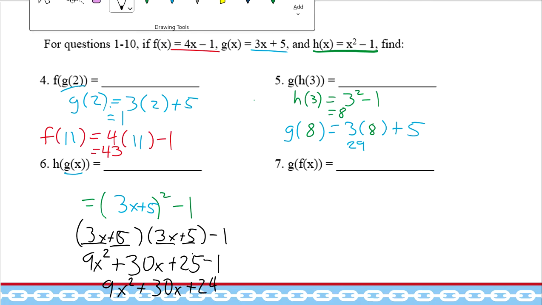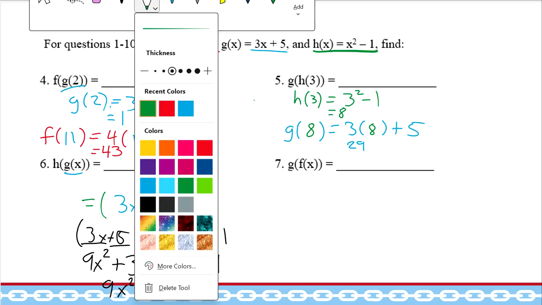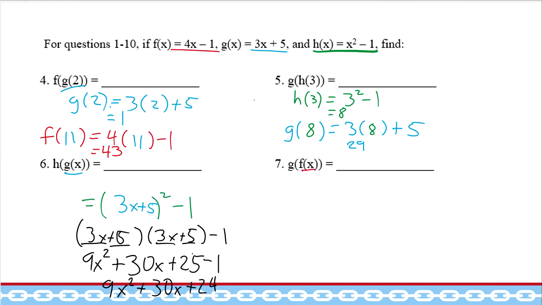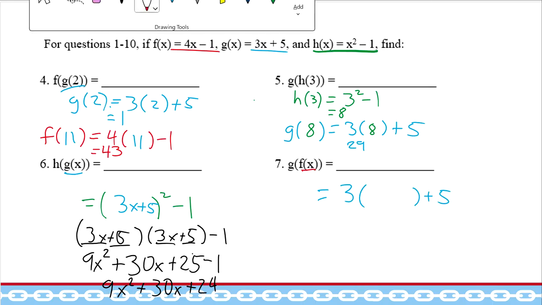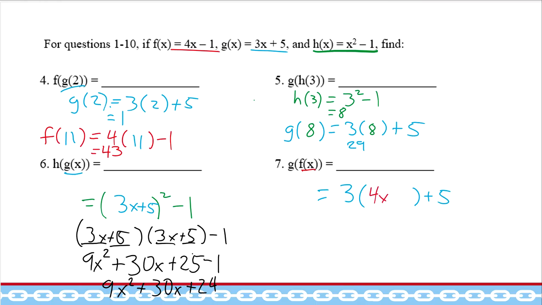Last composition problem, number 7. Right? Again, we keep with the generic x, we don't have an x value. So g of f of x, I am going to take my g function, 3x plus 5, and I am going to use the entire f function to sub in, right, for x.